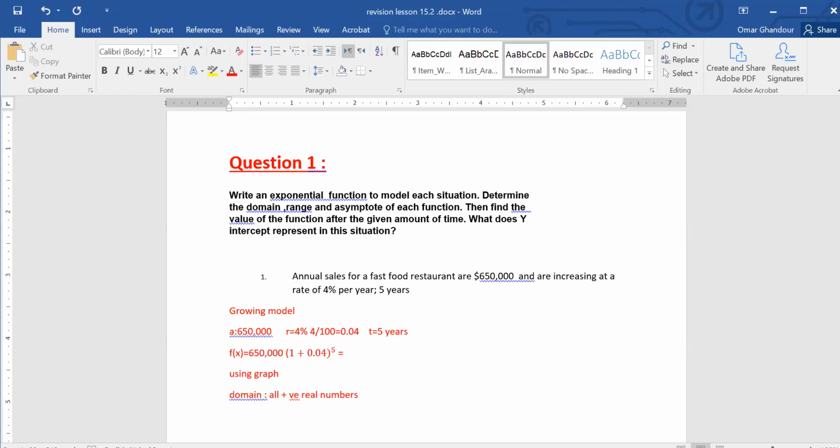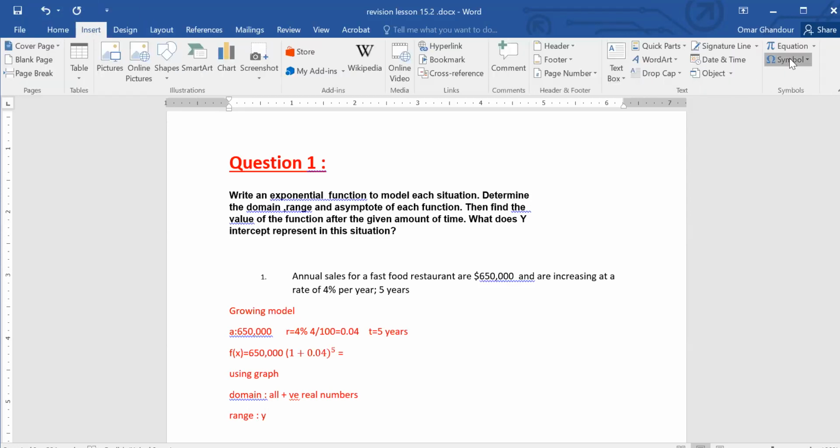What about the range? The range is y greater than or equal to the y-intercept, which in this kind of question is going to be y greater than or equal to 650.